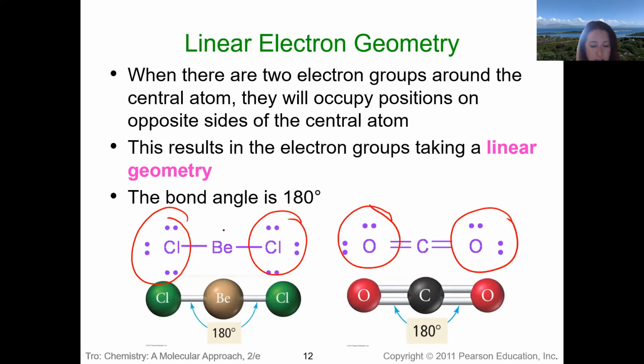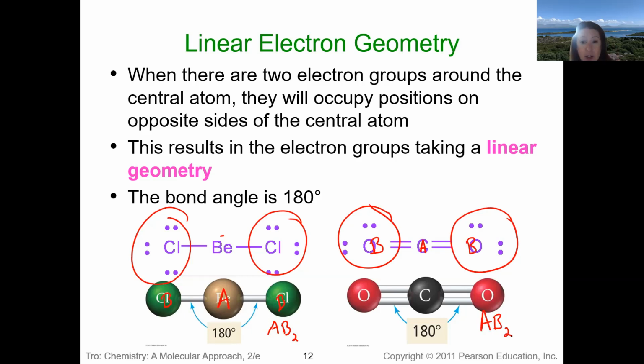And so if we call our central atom A, this is A, and this is B, and B, we call this AB2. Or if we do this here, here's A, here's a bonded atom B, here's a bonded atom B, we call this AB2.